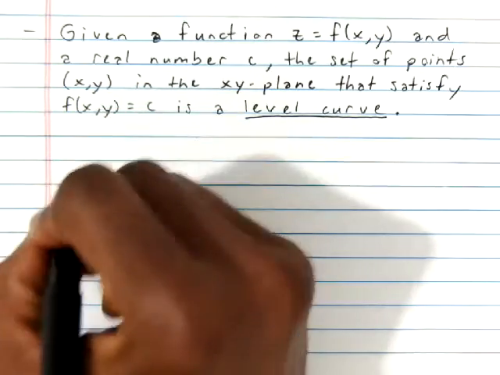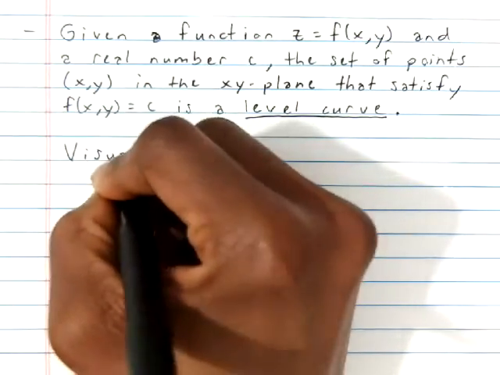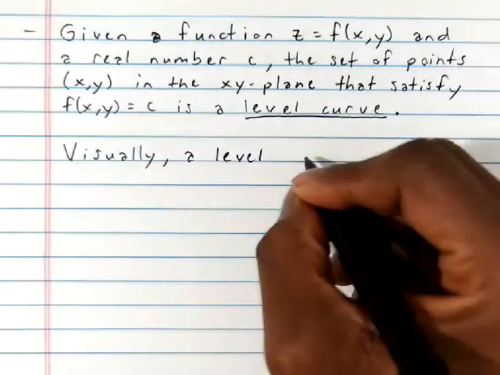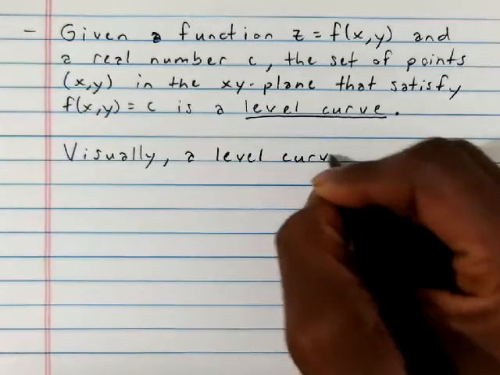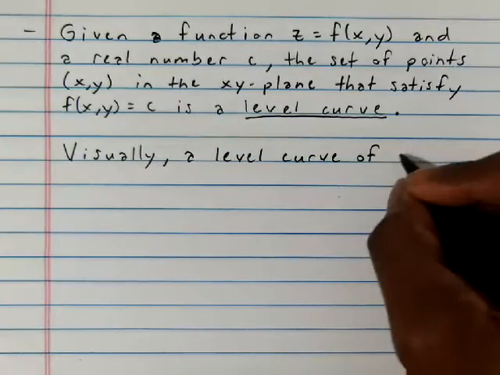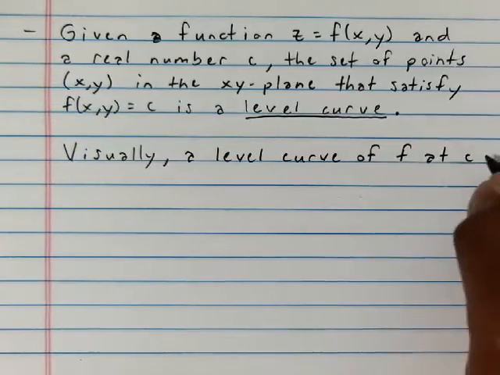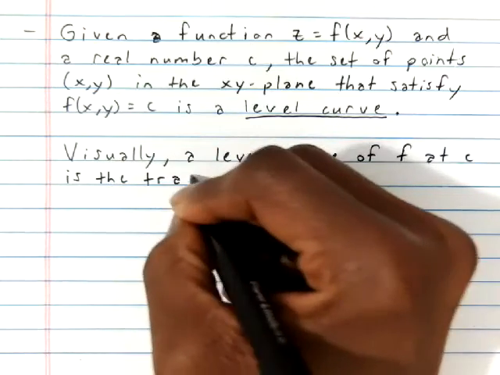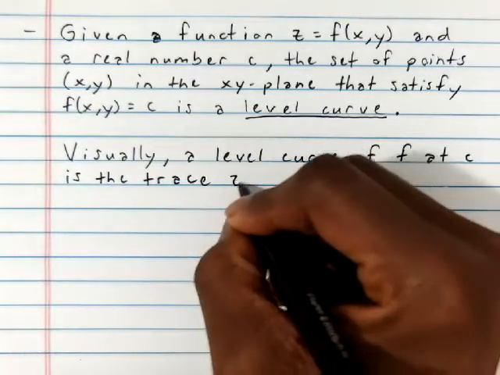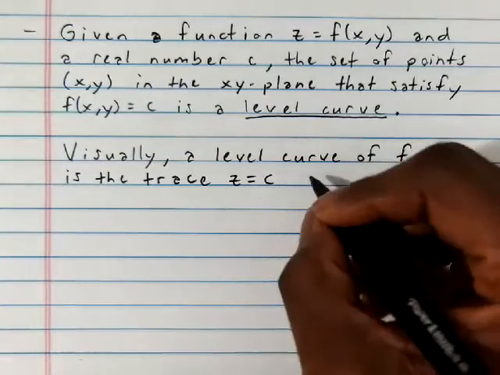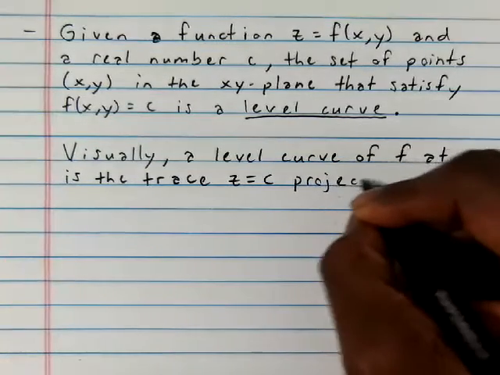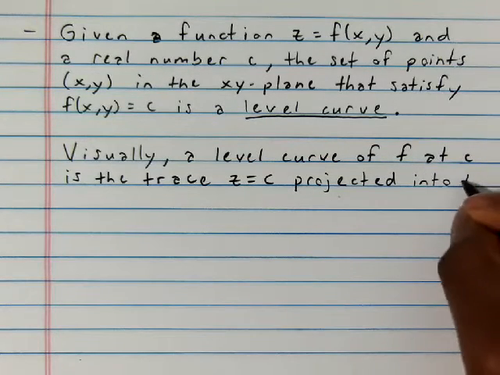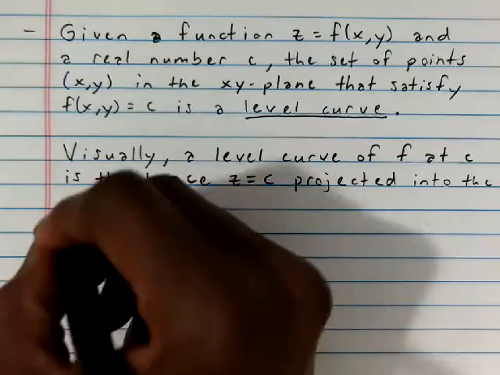Visually, a level curve of f at c is the trace z equals c projected into the xy plane.